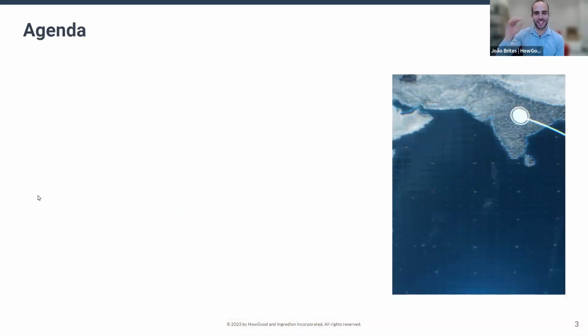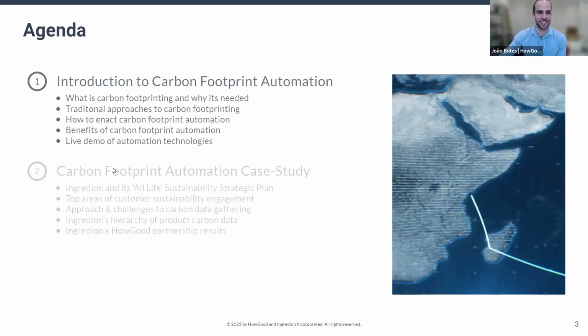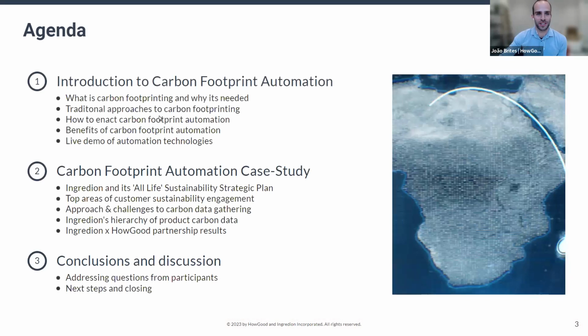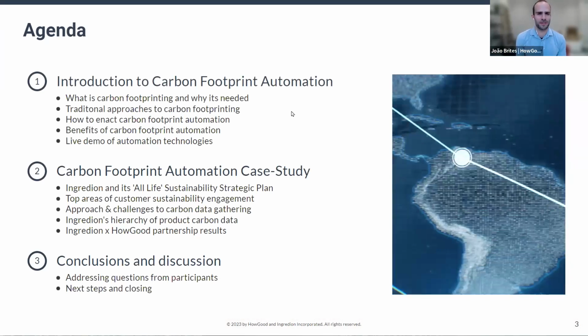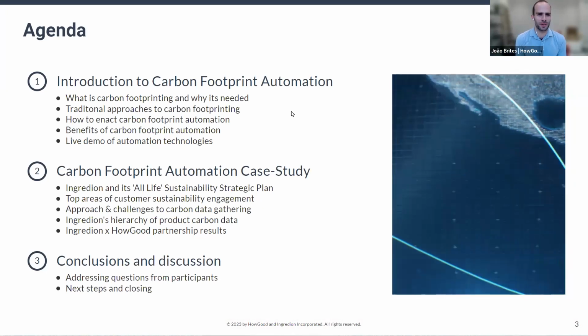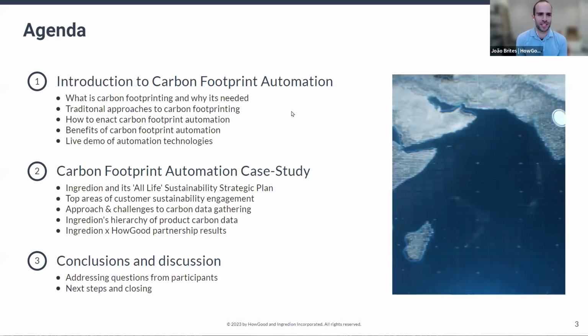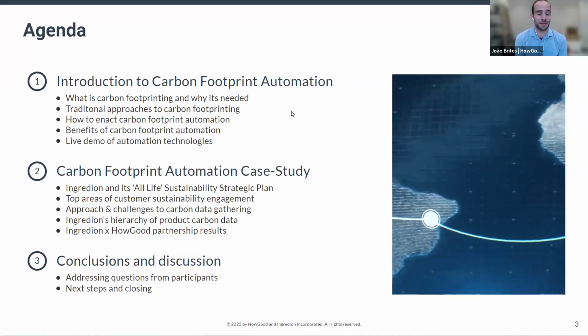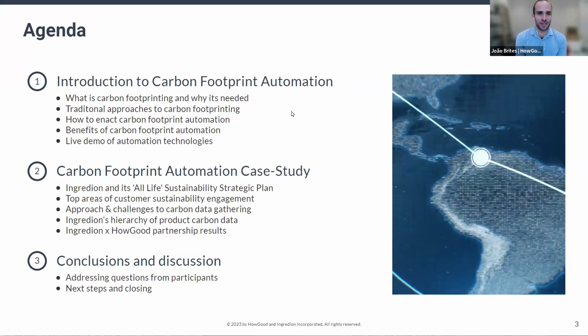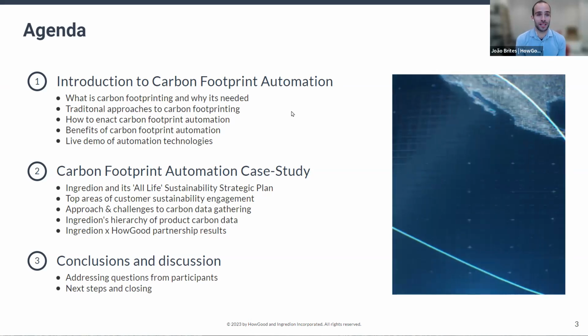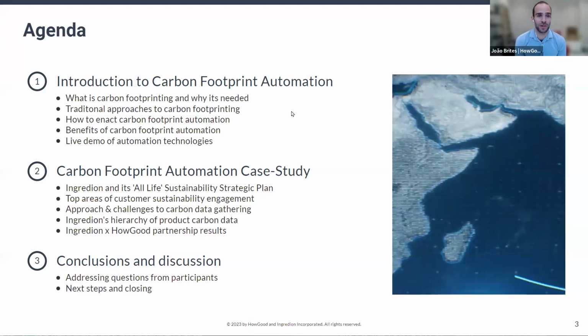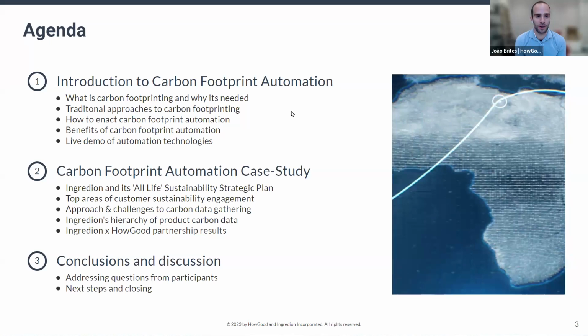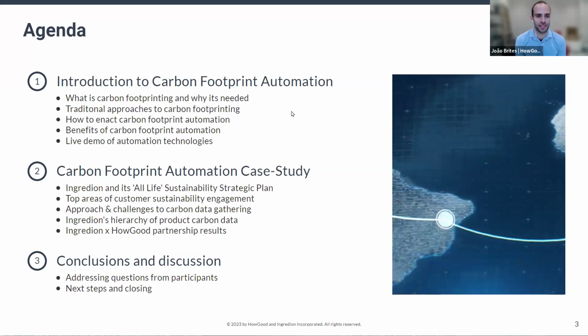So with that said, we have a pretty ambitious agenda for today. We're going to start with an introduction to carbon footprint automation, specifically talking about what carbon footprinting is, why it's needed, what approaches exist out there, and what the promise of automation in this space is. Then Brian is going to talk about a case study at Ingredion and how Ingredion and HowGood have partnered on GHG accounting.